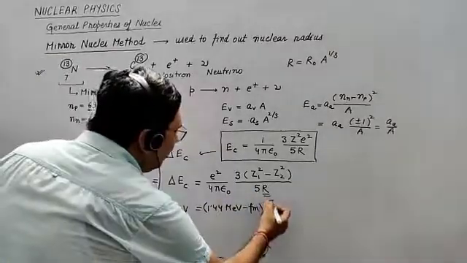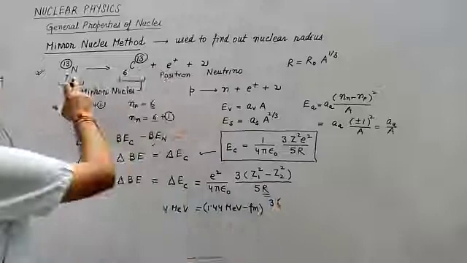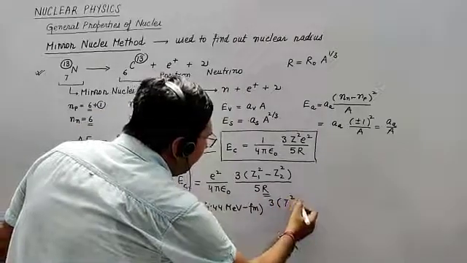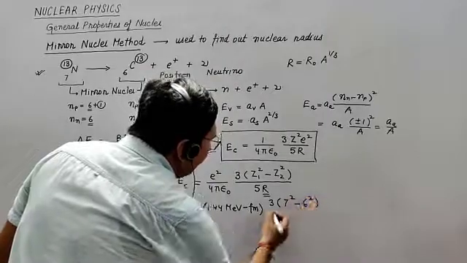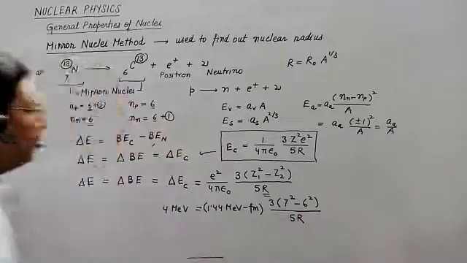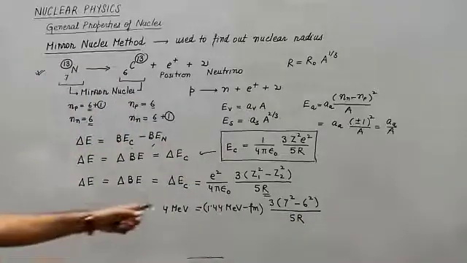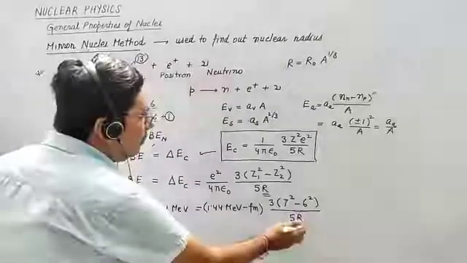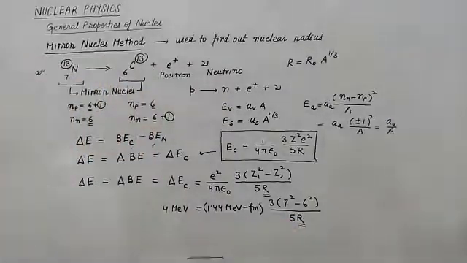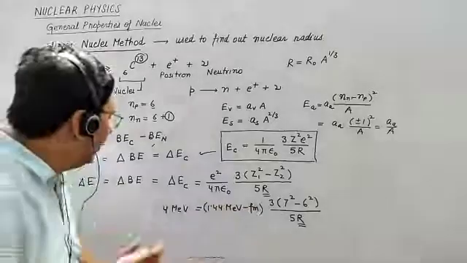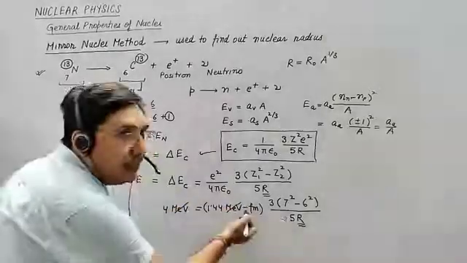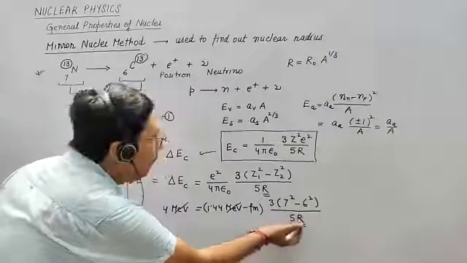And here this will be 3 times, and Z1 square is how much? This is 7 square minus 6 square upon 5r. By just solving this equation, you can find out the value of r, and the unit of this r will be Fermi, because this MeV will be cancelled out here, and to satisfy the dimensions, this r should be in Fermi only.